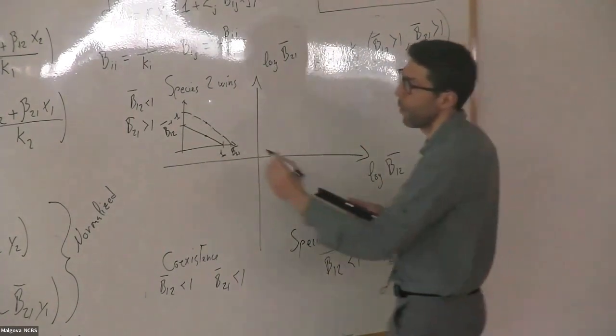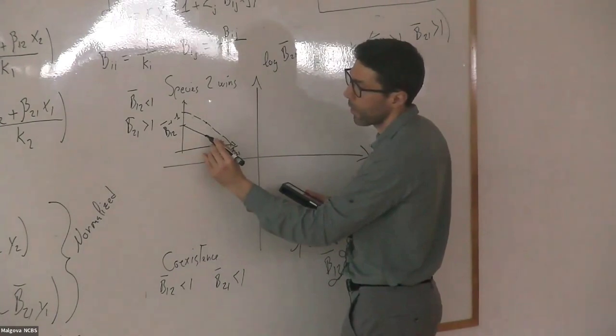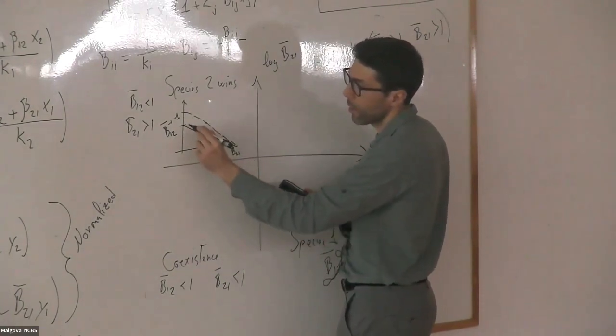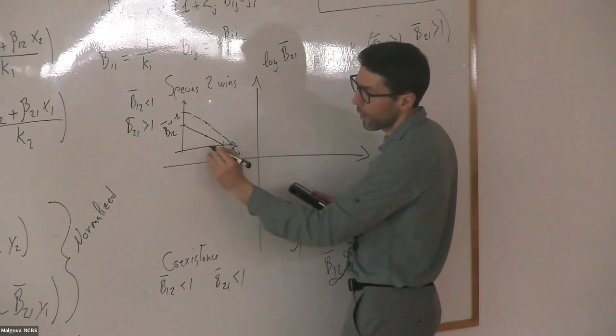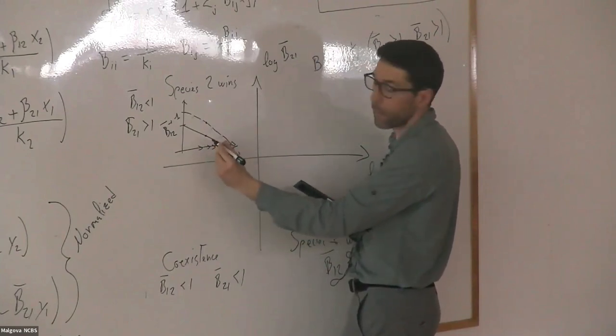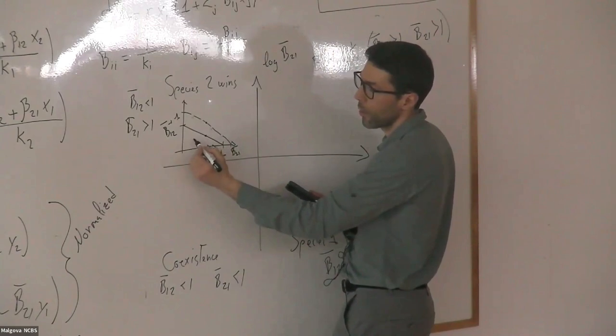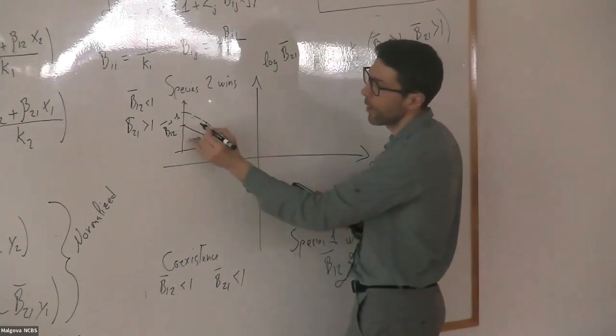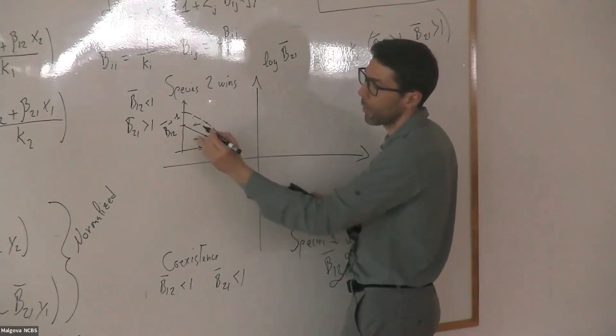What does this mean? So we know that everything that is below this line is for x1 to grow. So everything that is below this line goes right. And everything that is above this line will go left.